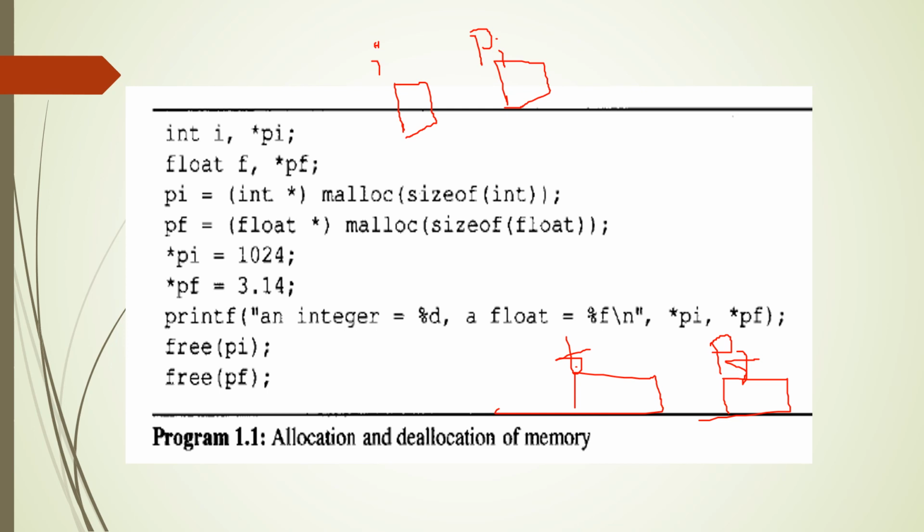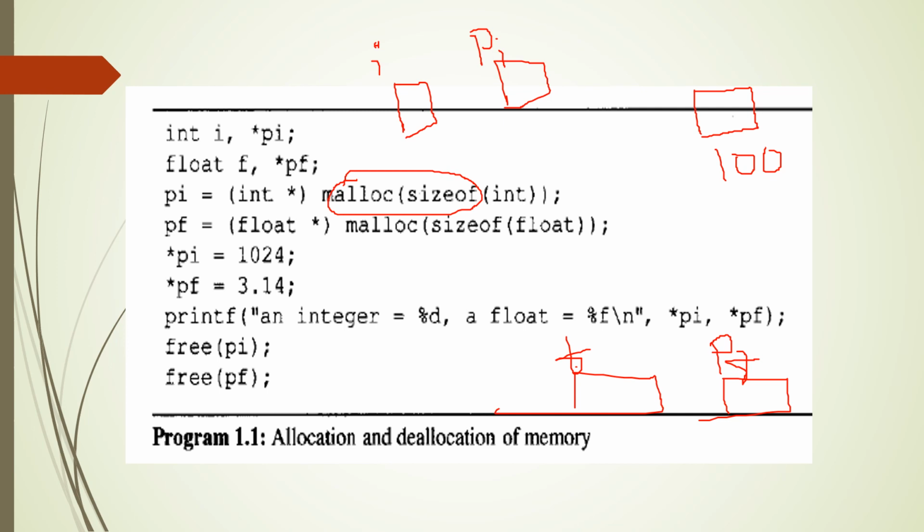Now when this particular statement is executed, int star pi = malloc(sizeof(int)), as I already mentioned, this part will be executed first. When this part is executed, it will create a block of memory with no name. As I already mentioned, each and every memory block will be associated with some base address. Let us assume that the address of this memory block is 100, and then the malloc function will return an address.